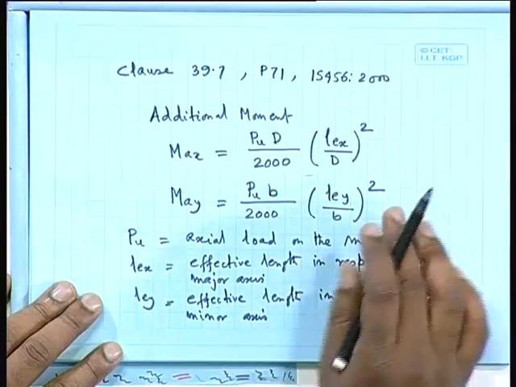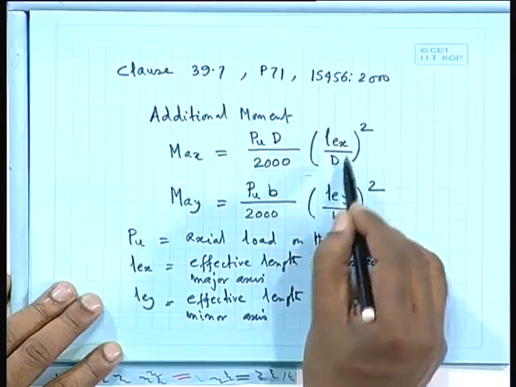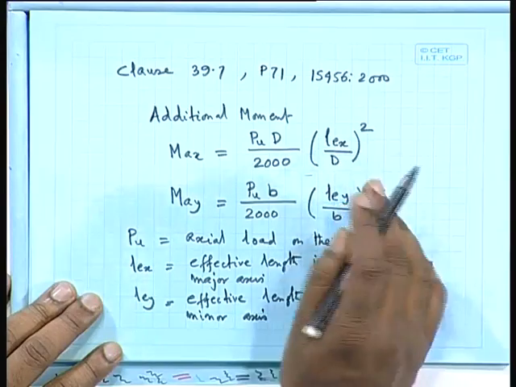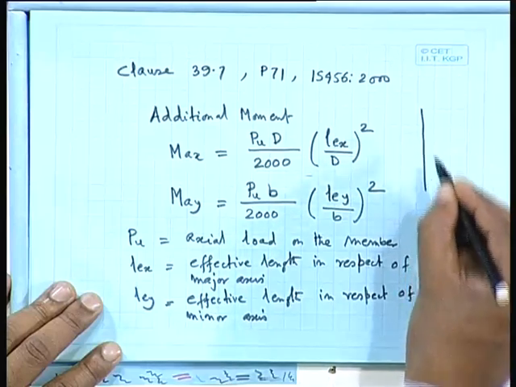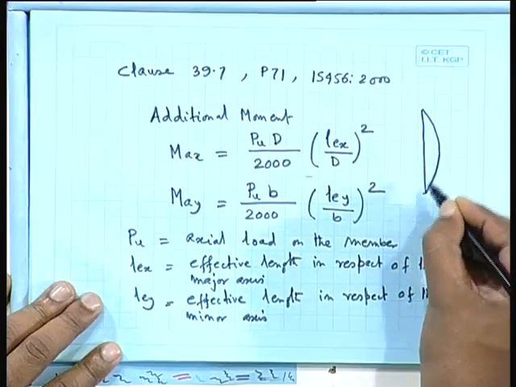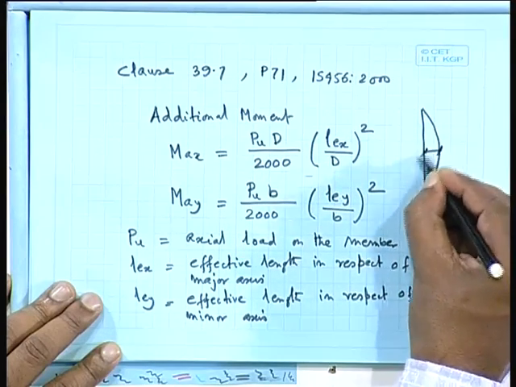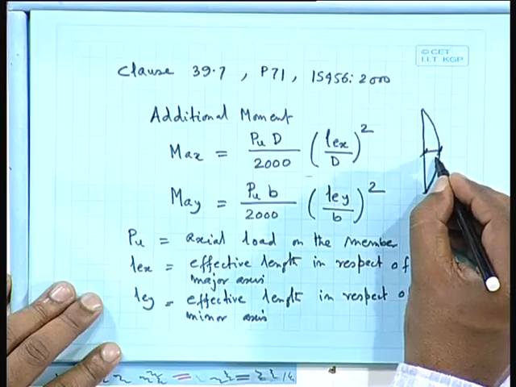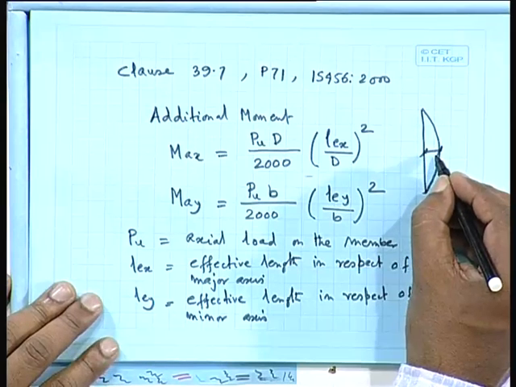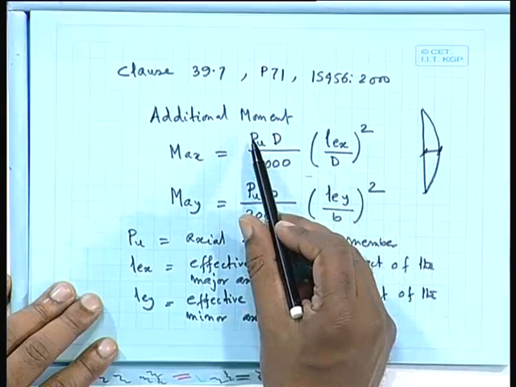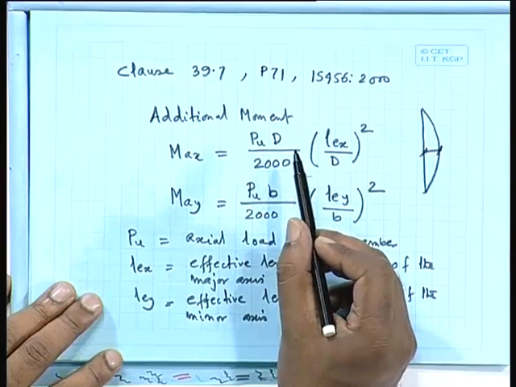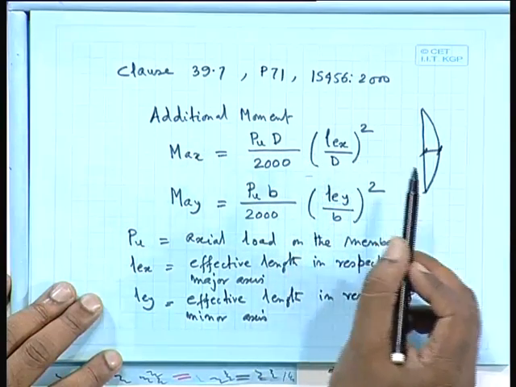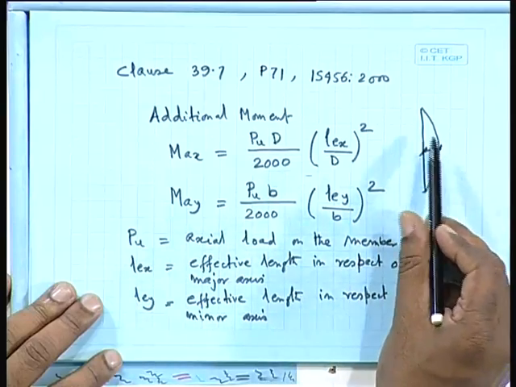So, D by 2000 times LEX by D whole square is nothing but the eccentricity, and we are getting this value from the buckling point of view. If you consider the critical load, the first mode of buckling, second mode of buckling, like that, from there you can find out that eccentricity and calculate accordingly.